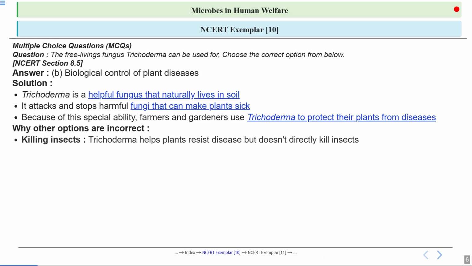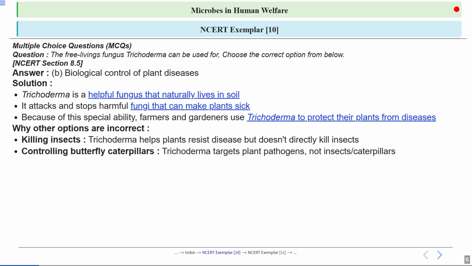Okay, why other options are incorrect? Let's have a look at that also. So, killing insects, this was one of the options. So, Trichoderma helps plants resist diseases but doesn't kill insects directly. Okay, so they are just helping the plants defend themselves against diseases which are caused by the fungi, but they are not directly killing the insects.